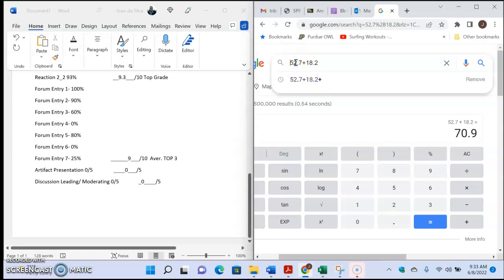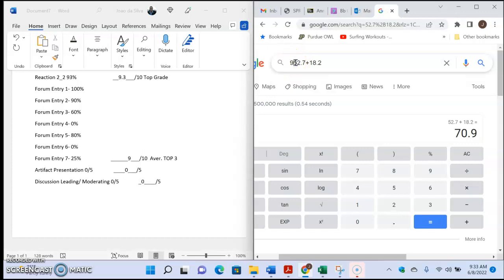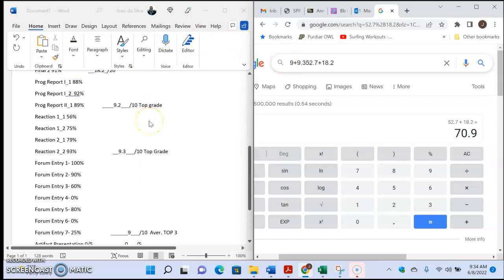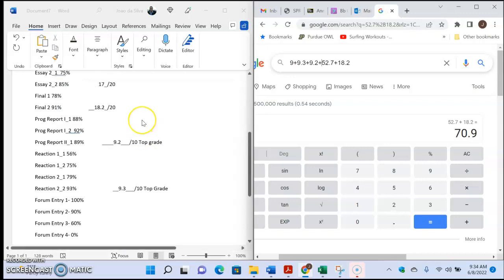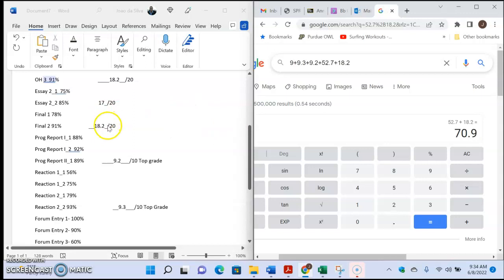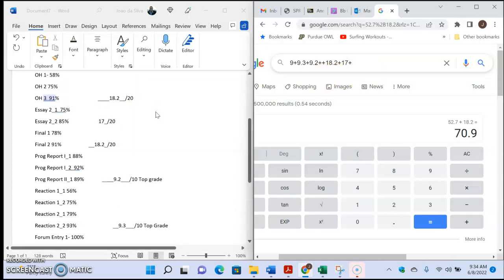So it's 9 points here, plus 9.3, plus 9.2, plus 18.2, plus 17, plus 18.2 again.